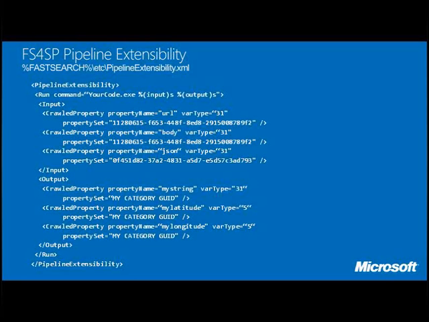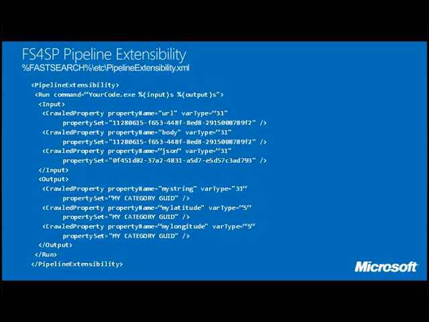But this is defining input fields. In this case, I've got the URL, which is a var type 31, which is the string. I've got the body of the document, which is, again, var type 31, a straight text string. And the example here is maybe there was another string field that had some JSON data that I wanted to parse out, or something that was populated by an application somewhere.